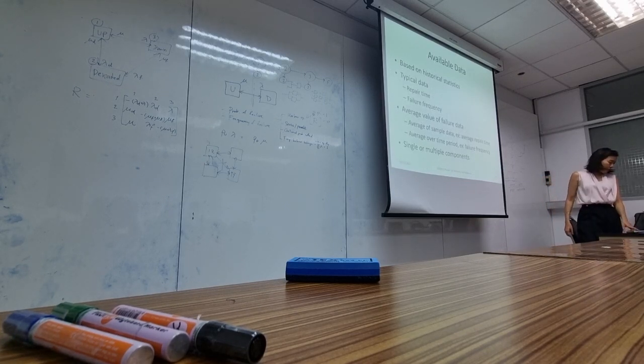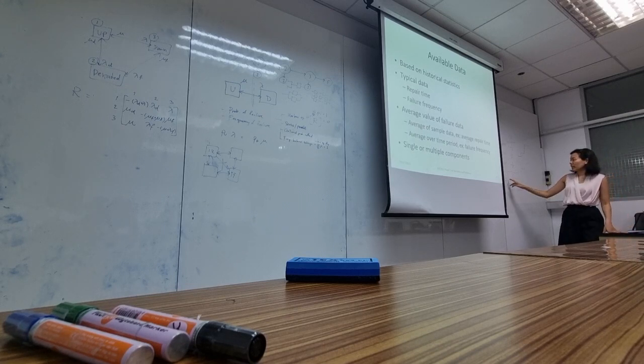So what is the information that you need? Again, in the historical data, you can observe the system. Typically what they have in records is the repair time, and then they have the failure frequency.